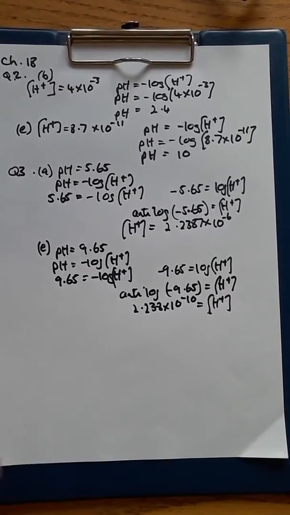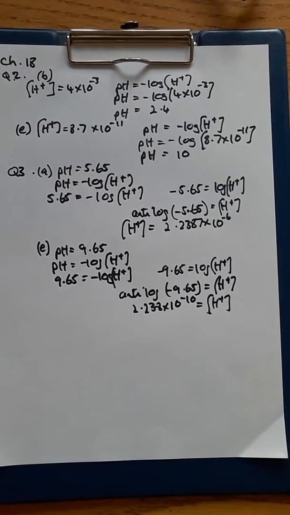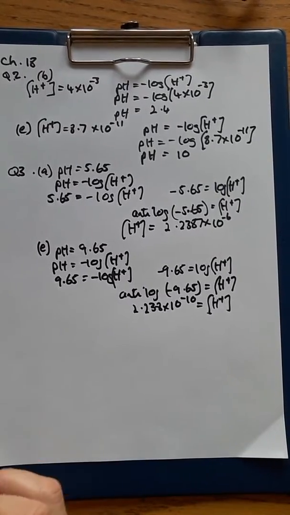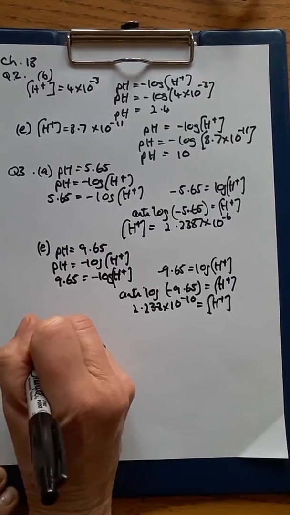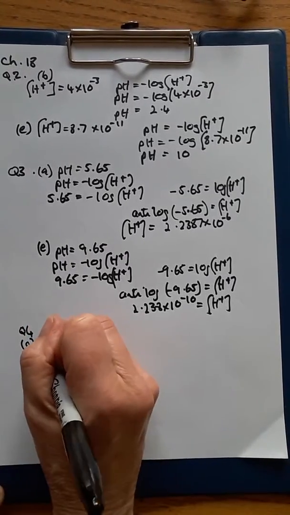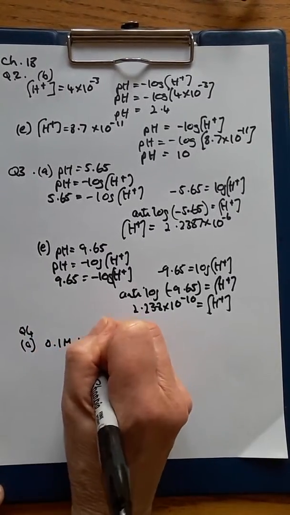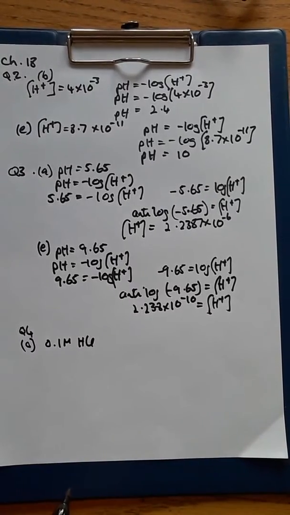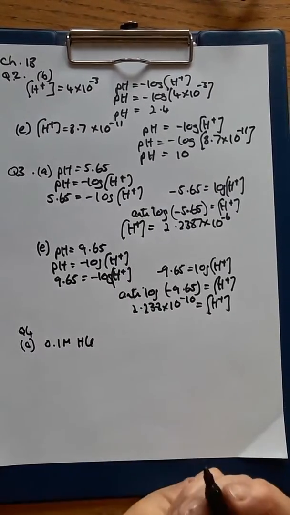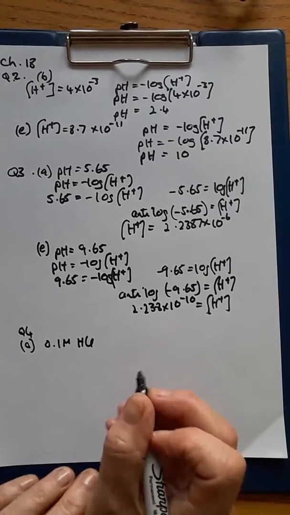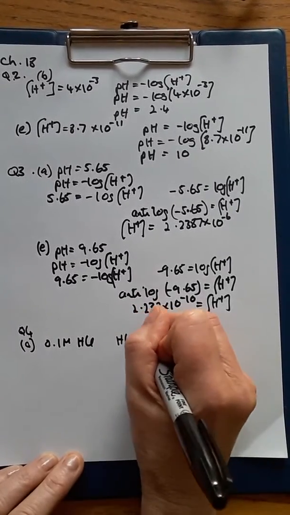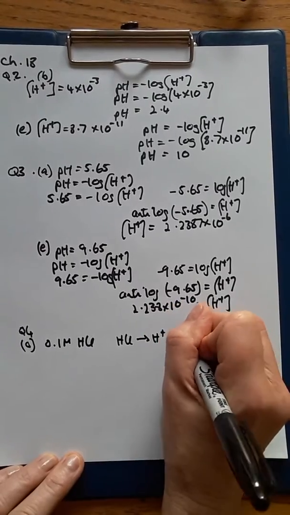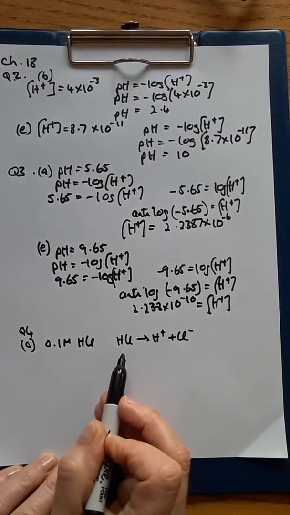Okay, now I'm going to look at question 4. Question 4 says calculate the pH of the following solutions. So the first one, it says you've got a 0.1 molar HCl solution. Find its pH. Okay, the first thing I do here is I write down the dissociation equation for HCl. So it's a strong acid. It fully dissociates in solution, fully breaks up into its ions.